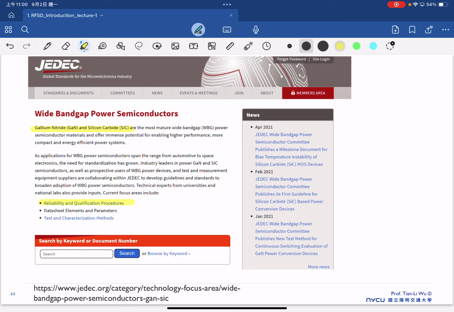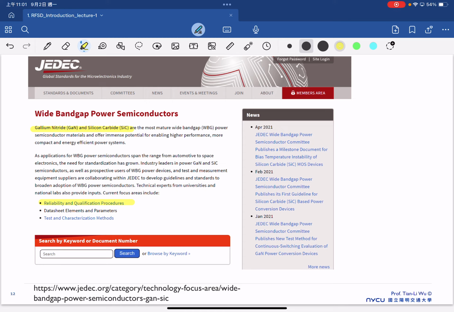And then in their standard, I think what they are trying to do, first, is reliability and qualification procedure. So they not only standardize the spec, they also standardize how we do the test. If you want to qualify the product, and compare your product with competitors or with the previous version of your product, for sure you need a standard procedure, and this procedure has already been verified by industry or academic experts.